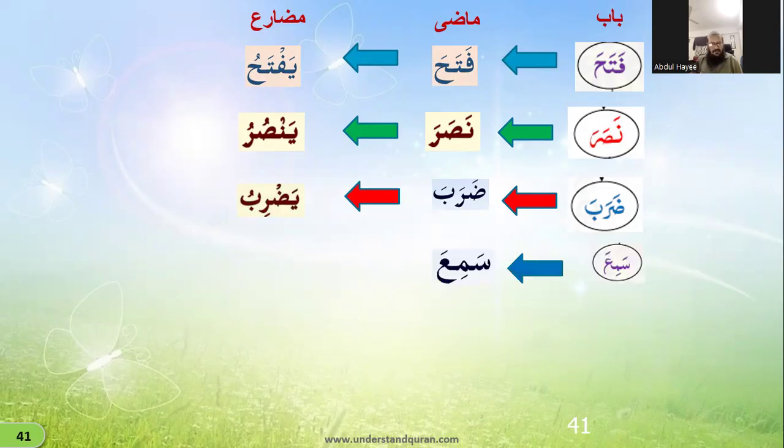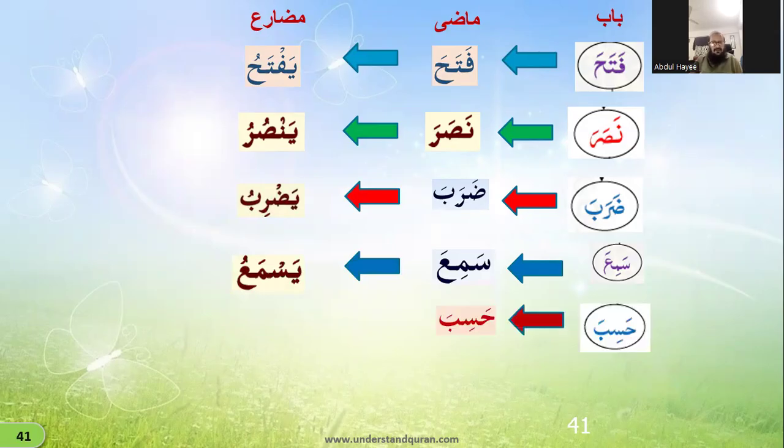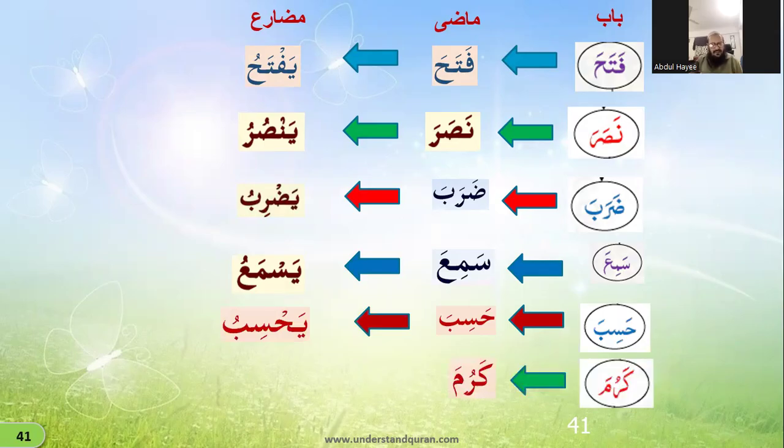Samia: the ain kalima in madi is kasra, in mudari fatha. What about Hasiba? The ain kalima is kasra in madi, and also kasra in mudari. Karuma: the ain kalima in madi is dhamma, in mudari also dhamma.